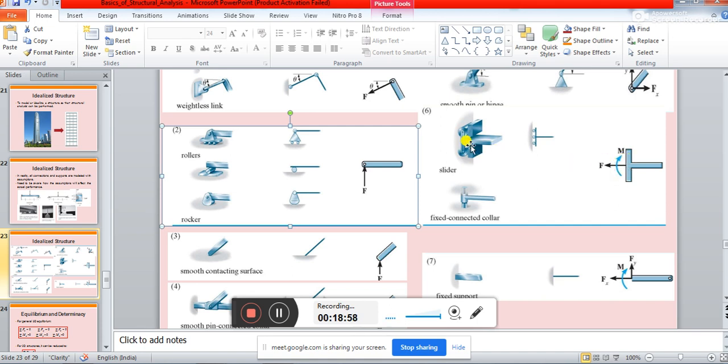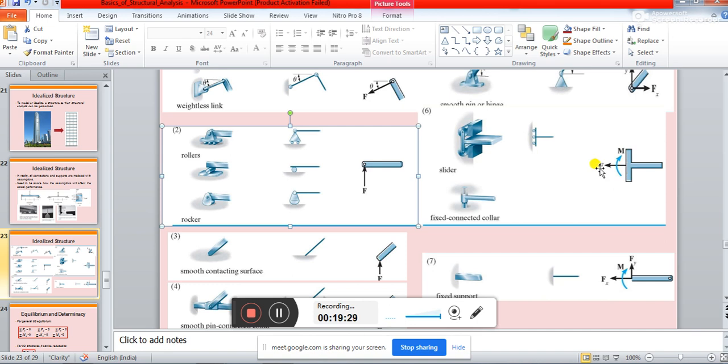On the other hand, this beam is not allowed to rotate in any direction, and if there is no rotation, there will be a moment coming. So, there will be a moment coming in the structure, and there is no vertical reaction. So, do not think that roller means there will always be a vertical reaction from the y direction. In case of slider support, where the roller is moving in the vertical direction, the reaction will come in the horizontal direction.